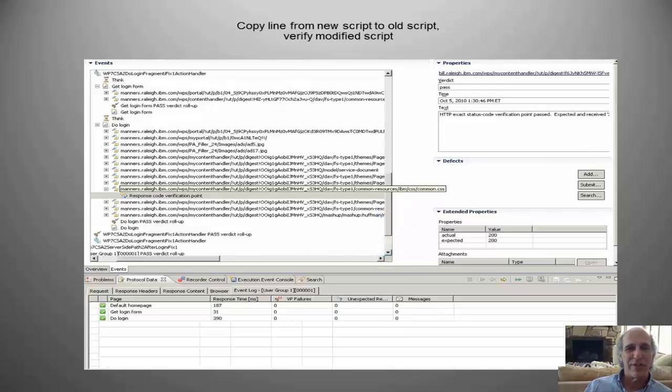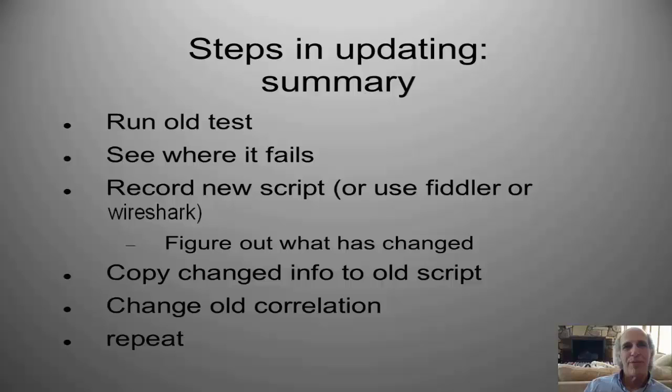So the steps in updating a script are: you run the old test, see where it fails, record a new script, figure out the line that changed, copy the changed information into the old script, change the old correlation, and repeat that as many times as you have to until you get the script working.